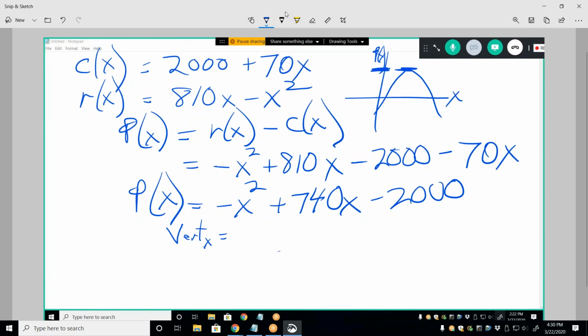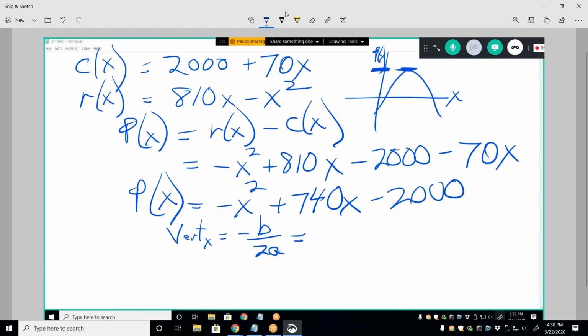Oh man, I can't remember. First half of the quadratic? It's negative b over 2a. Substitute it in. Let's see what that number is. It's minus b. Minus b would be the 740, right?